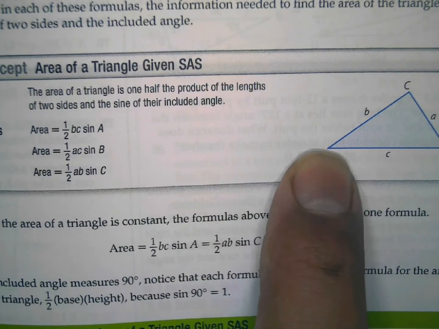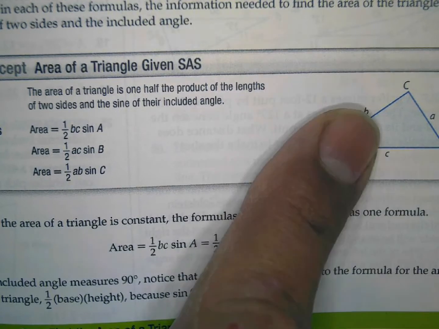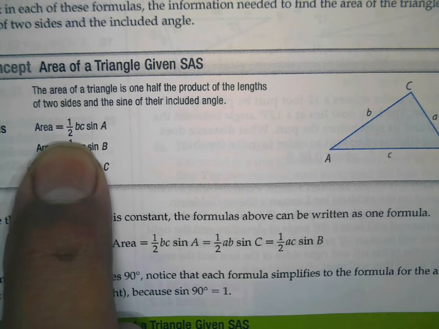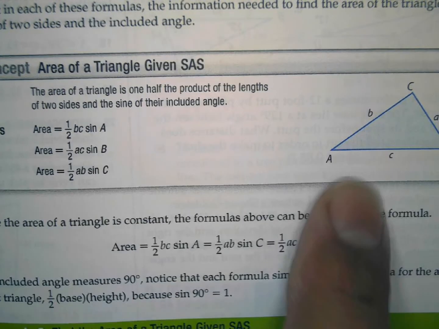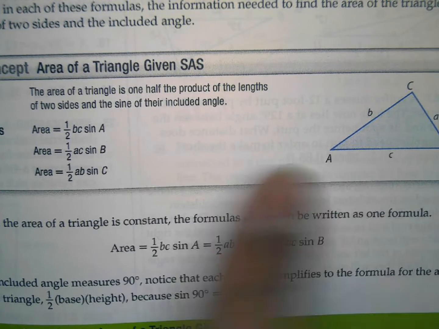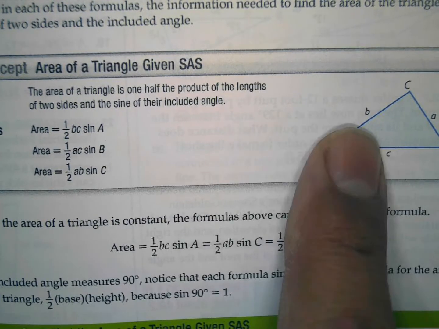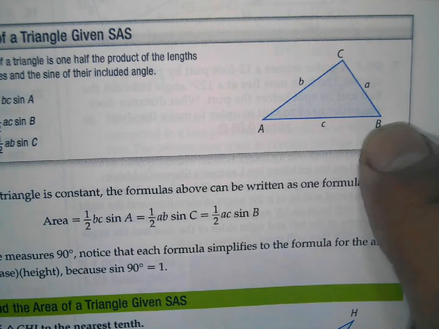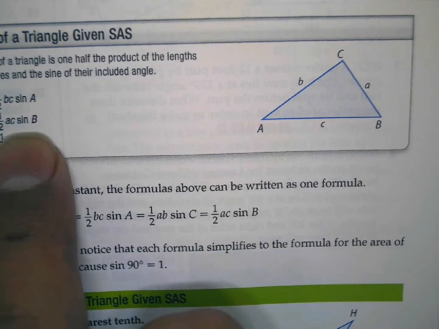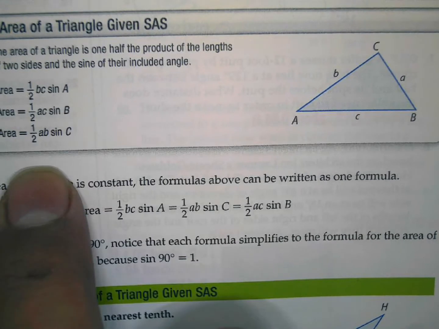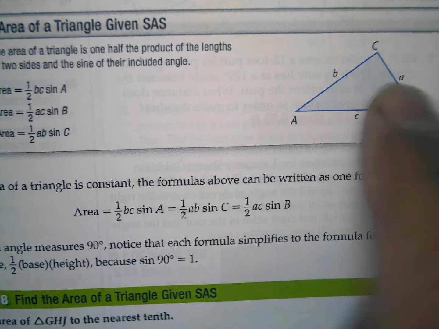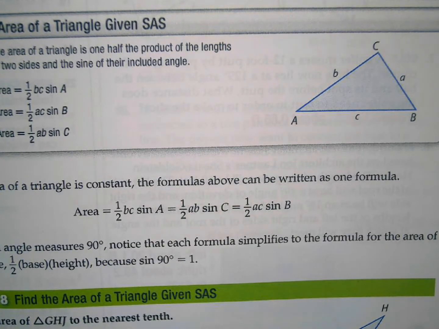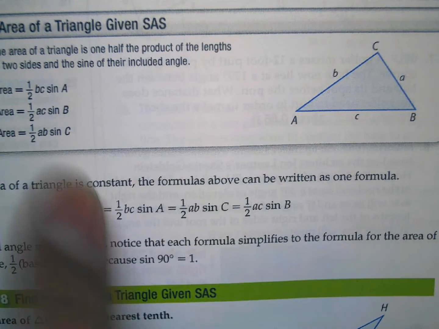If it's angle A, it has to be these two sides B and C. You won't be using side A. And it's the same for the other ones. If it's this angle here, it's these two sides A and C. And if it's angle C, it's these two sides, A and B. So really it's the same formula. It's not three different ones. It just depends which angle you have.